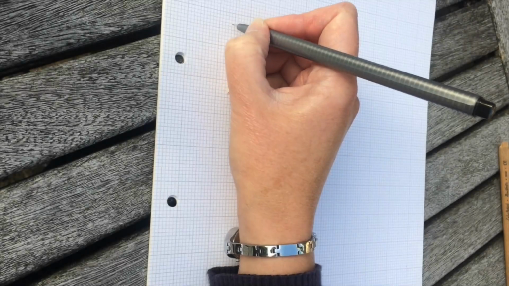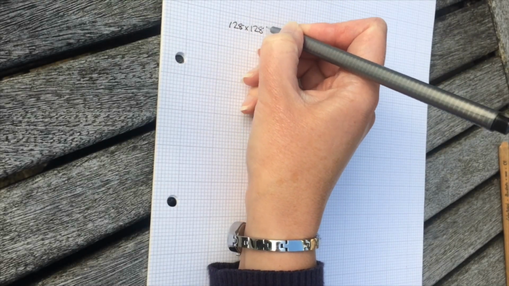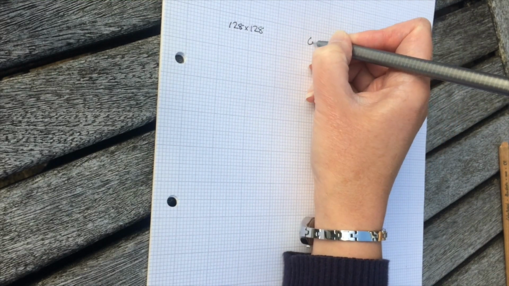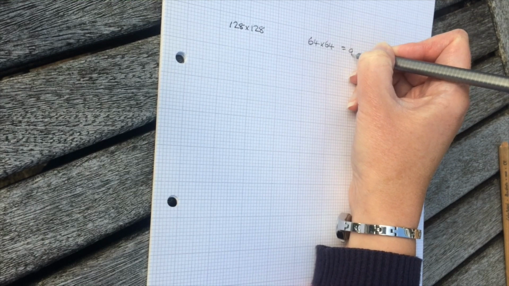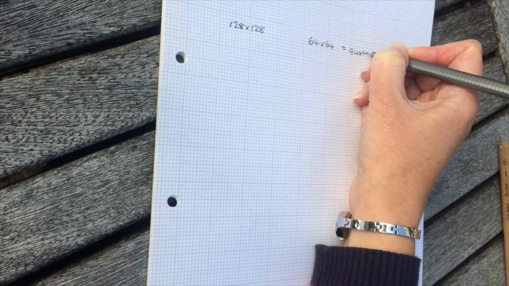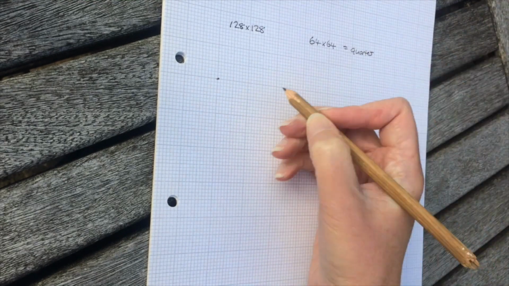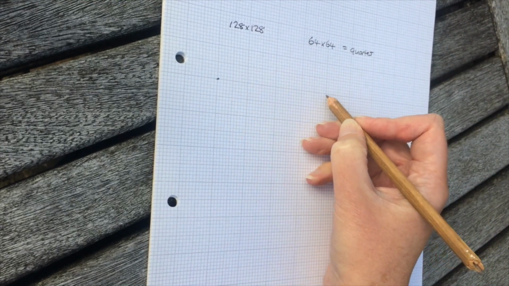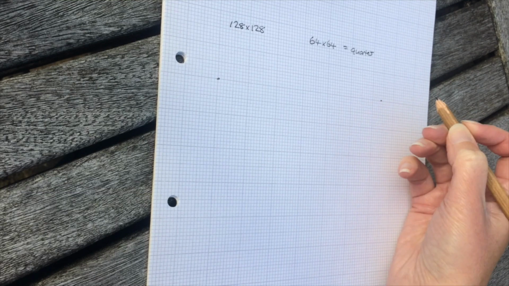You need for your custom map is 128 blocks by 128 blocks. So this piece of paper is smaller than that, so I'm doing 64 by 64, which equals a quarter of your map. I'm measuring out 64 squares across and 64 squares down.